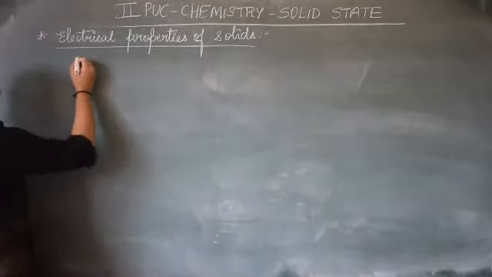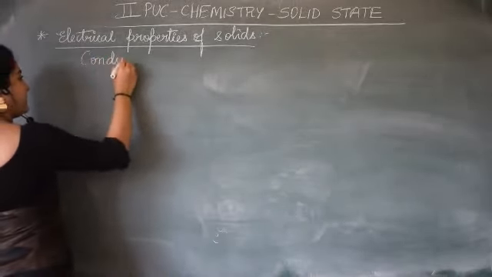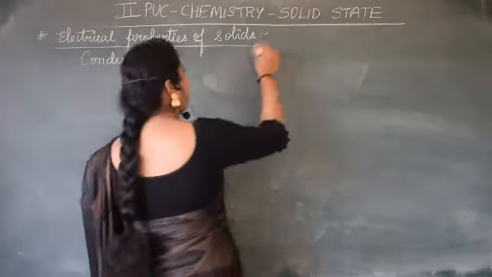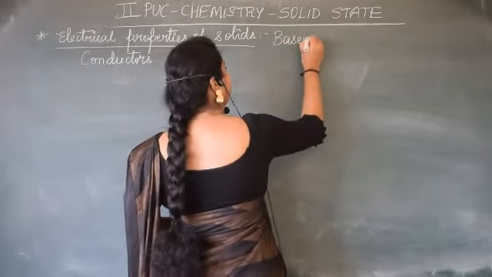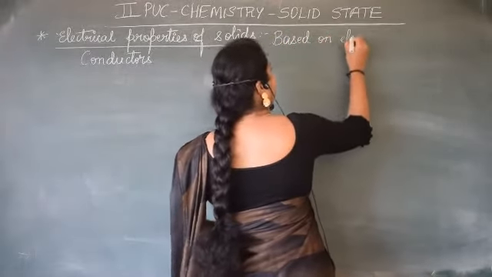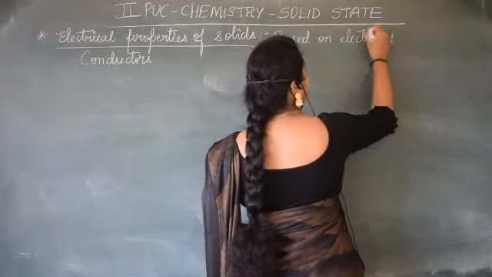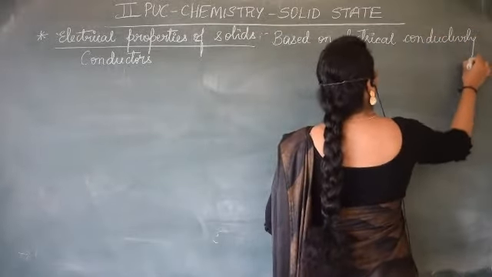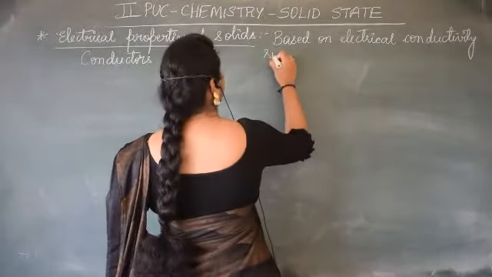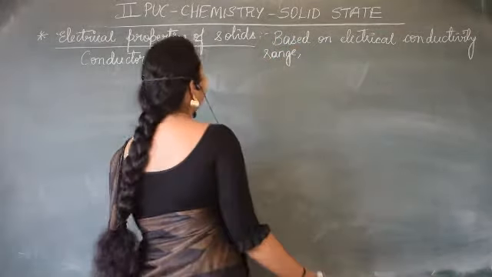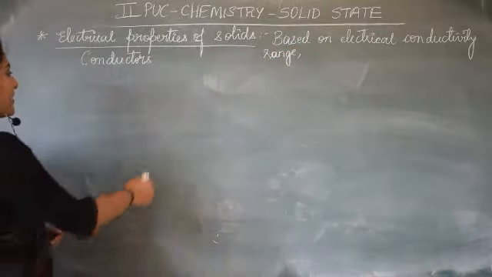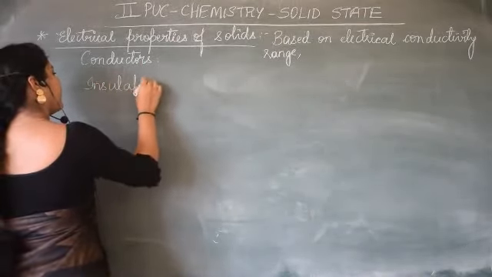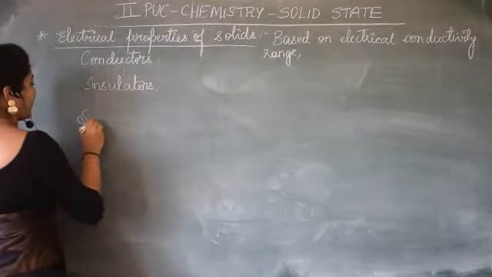So based on electrical conductivity range, solids are classified as conductors, insulators and semiconductors.